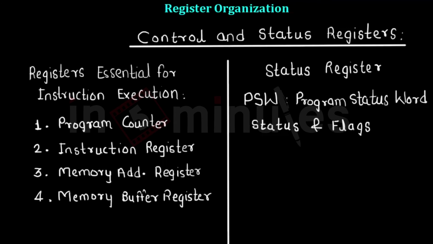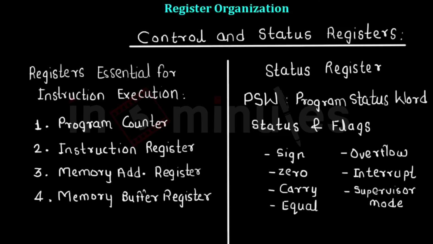The different types of flags we can have in the processor are like the sign flag and the zero flag. They give the properties of the result that we have obtained, and also they can give the current operation that is in progress, such as interrupt servicing or the processor being in supervisor mode.